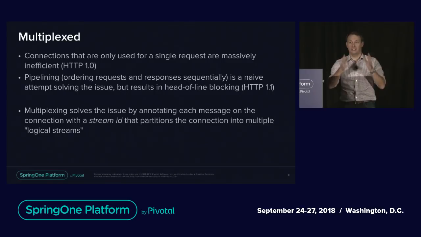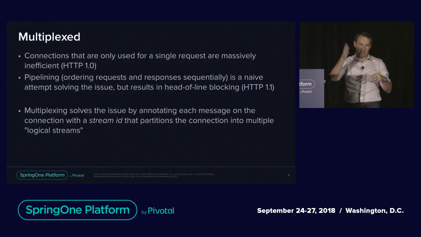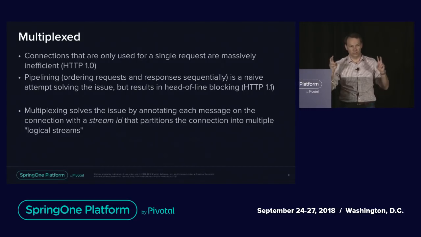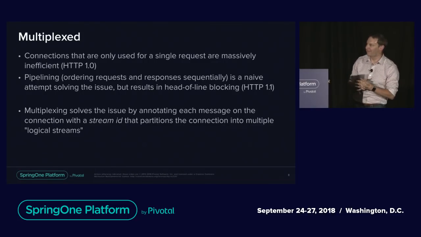And again, HTTP2 sees this same problem, and HTTP2, like RSocket, is a multiplexed protocol as well. Multiplexing basically means that there is a single connection, and every message that goes across that connection has a logical stream ID. In fact, in the implementation details, there are some times where we have a stream ID.